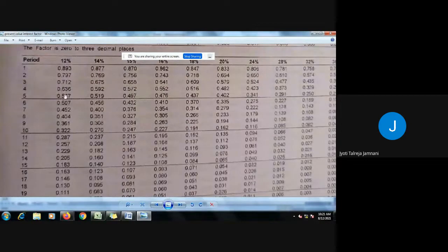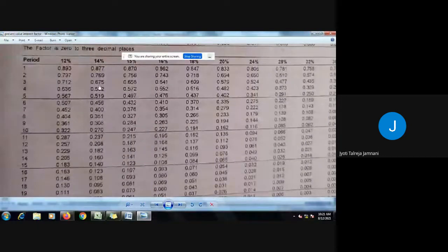0.636, 0.567. This table you will get it behind any financial management textbook. At the end, they basically give this table, or you can also Google it, the present value interest factor table, or for different interest rates, you will get it. But it's always better to take it from a textbook, which is at the end of every financial management textbook, they will usually give you this. Okay.